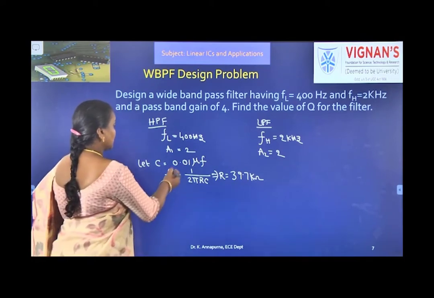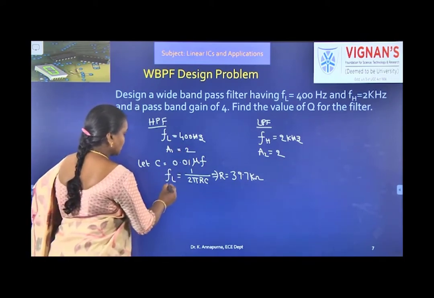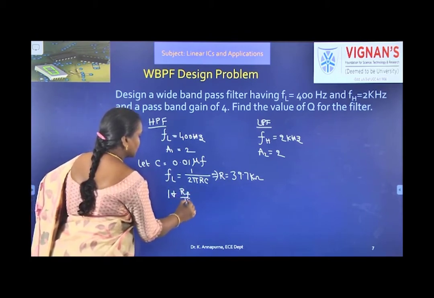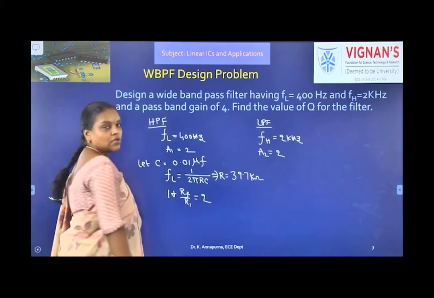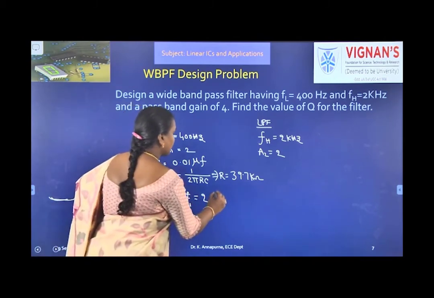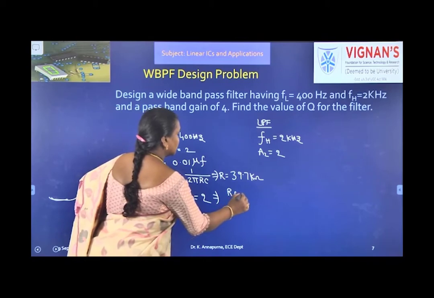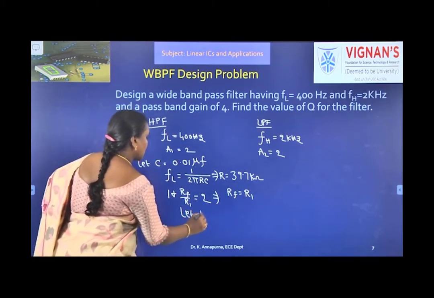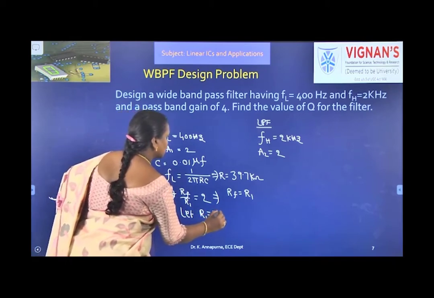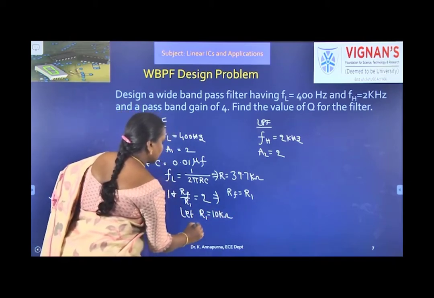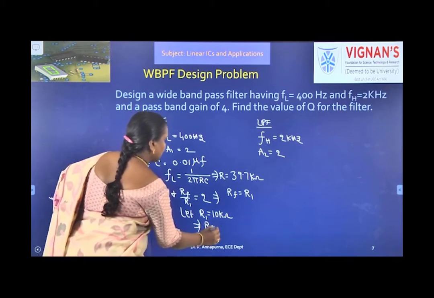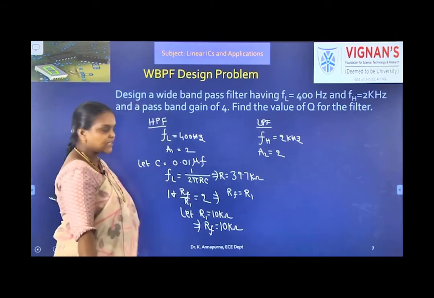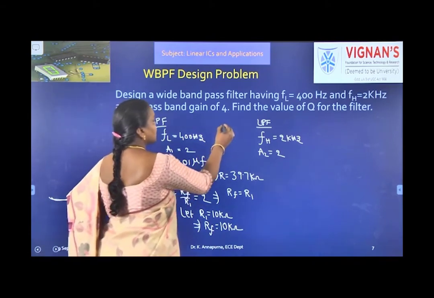And next, gain. So gain means 1 plus RF by R1 is equal to 2. So from this, what is the relation between RF and R1? RF is equal to R1. Let R1 equal to 10 kilo ohms. This implies RF also 10 kilo ohms. So, the design of high pass filter is completed. So, draw the high pass here.